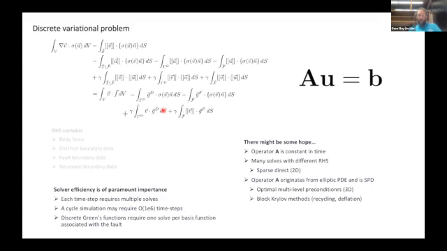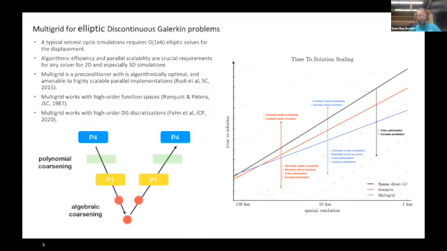Operator A comes from an elliptic PDE. Our SIPG scheme gives us a symmetric positive definite system, so there's some hope we might be able to use multilevel preconditioners like multigrid, and also maybe block Krylov methods, exploiting some recycling and deflation ideas to accelerate the solves. So in our models we use a multigrid type method. It's optimal in the sense that the complexity scales like O(n).